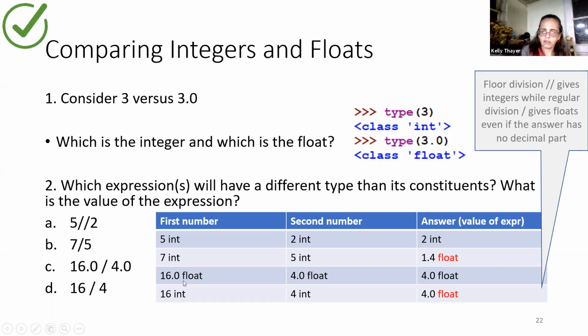These have decimal values, so these are considered floats by Python, and you'll get 4.0 out, but it's the same. And here we also have 16 divided by 4 as int types going in, but float will come out. So part D and part B have different types than what the constituents were.